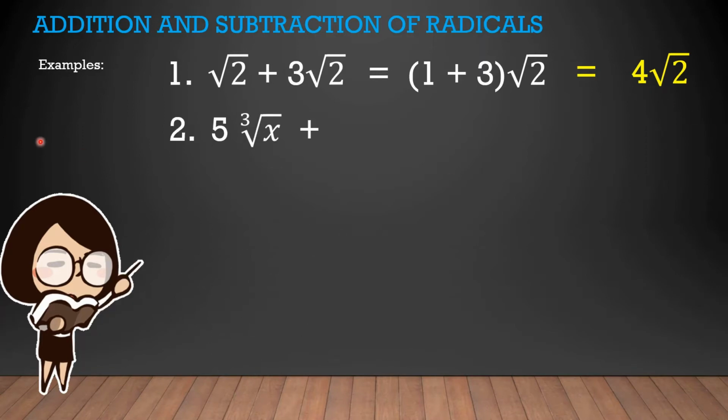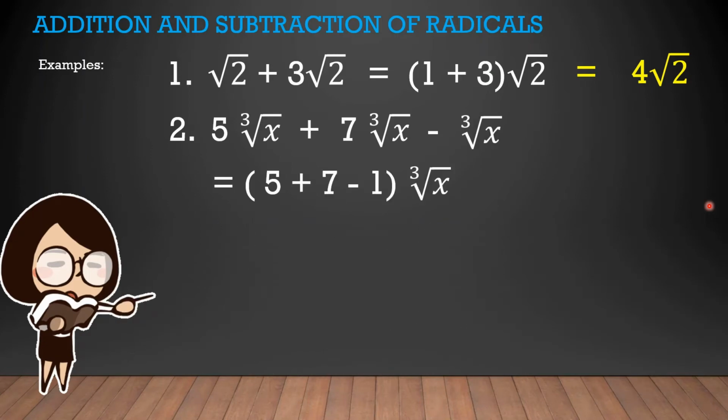Number 2, 5 cube root of x plus 7 cube root of x minus cube root of x is equal to, so we have to combine the whole numbers, 5 plus 7 minus 1. 5 plus 7 is 12, minus 1 is 11. Then copy the radical, so we have cube root of x. So the answer is 11 cube root of x.